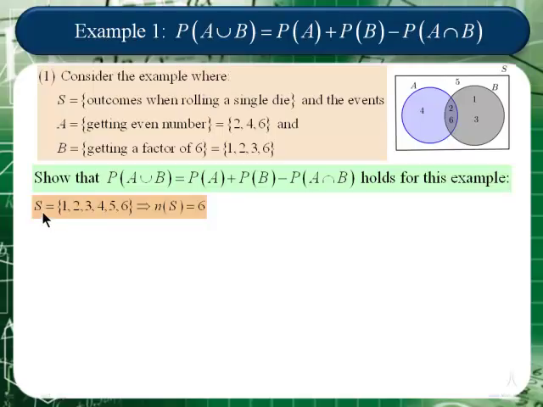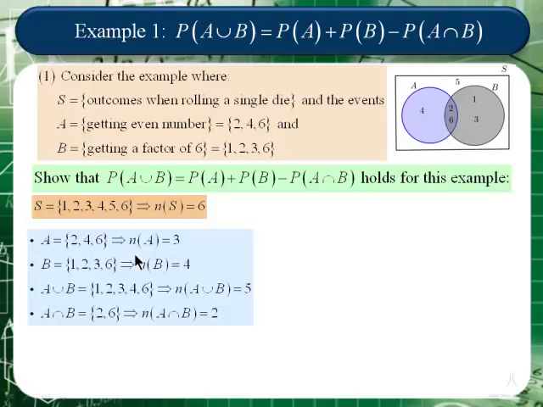So in order to do it, let's look at the cardinal numbers of the different sets first. The set S, the cardinal number is 6. The event A has a cardinal number of 3. The event B has a cardinal number of 4. The union of events A and B, combining the two events, contains all the outcomes with the exception of the outcome 5.